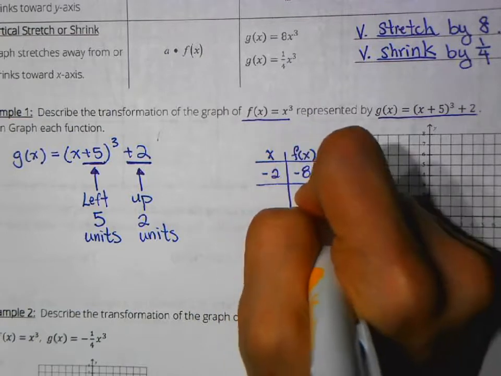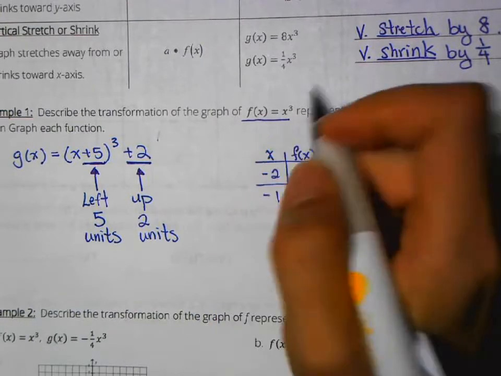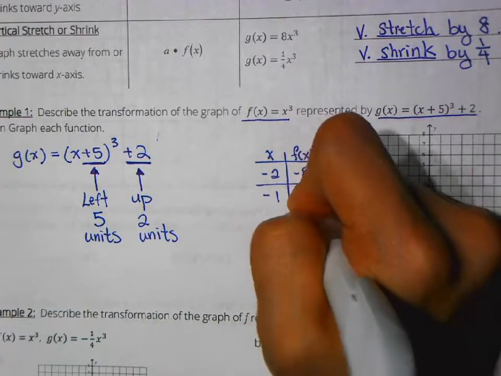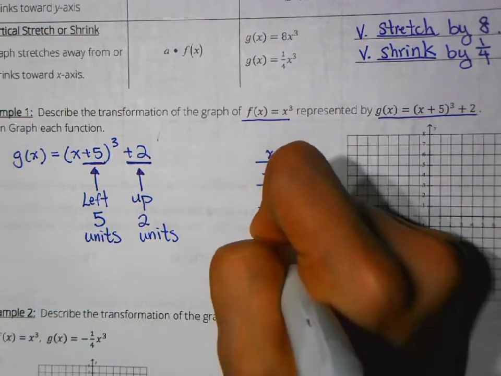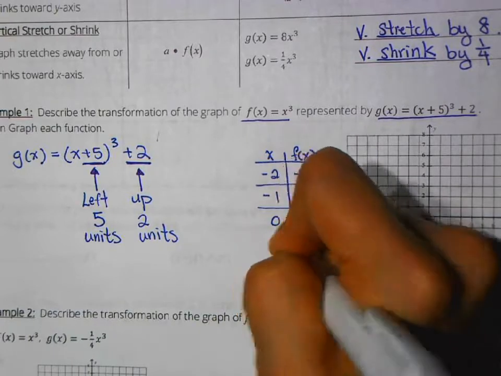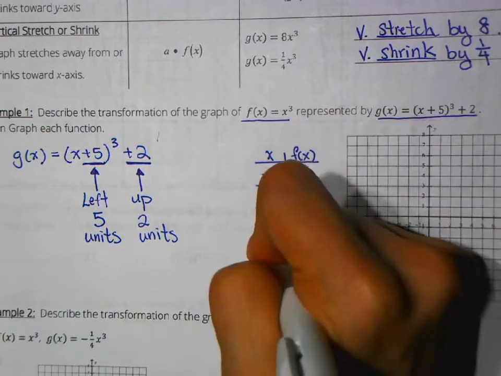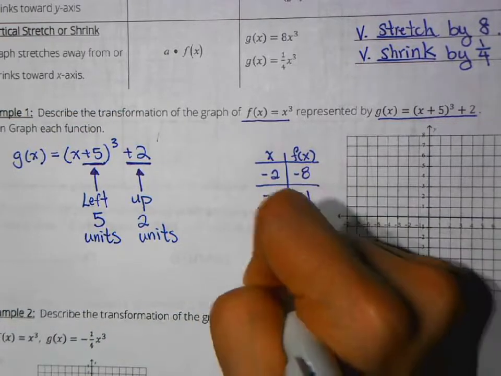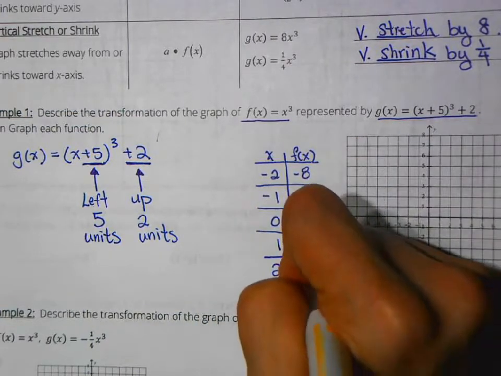When x equals negative 1, f of x is going to be negative 1. When x is 0, f of x is 0. When x is 1, f of x is positive 1. When x is 2, f of x is 8.